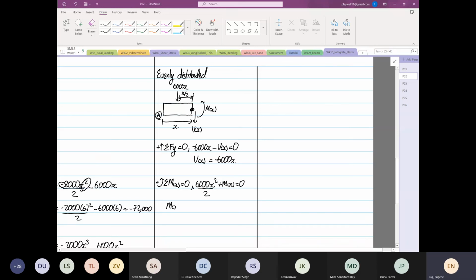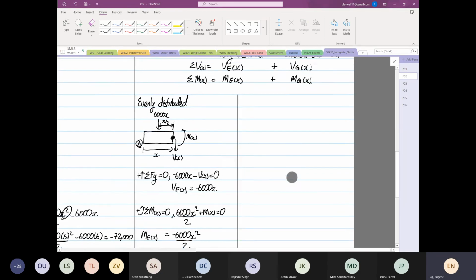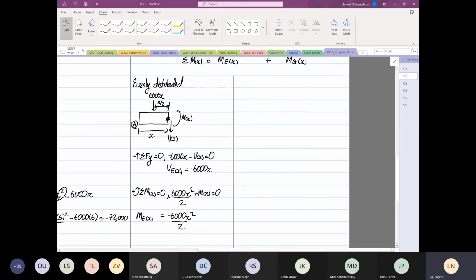So M as a function of x is equal to minus 6,000 x squared over 2. Okay, so this is for evenly distributed. I'm going to write V evenly distributed as a function of x, and M. So evenly distributed is easy. It's really straightforward.